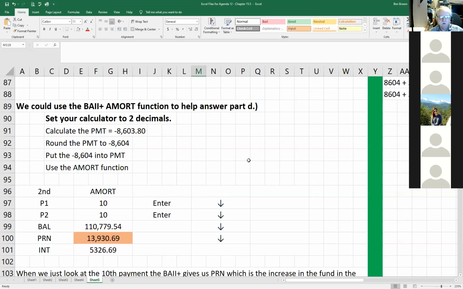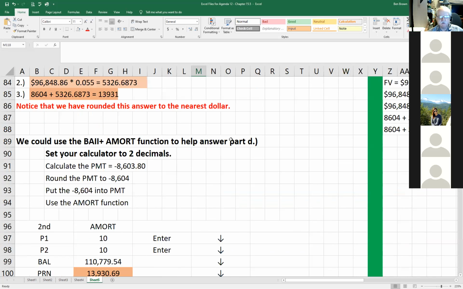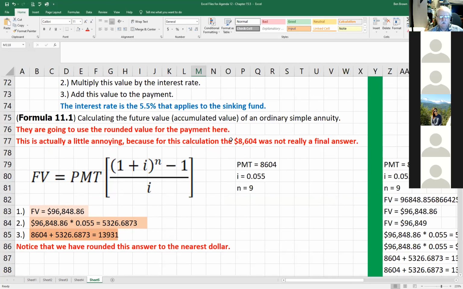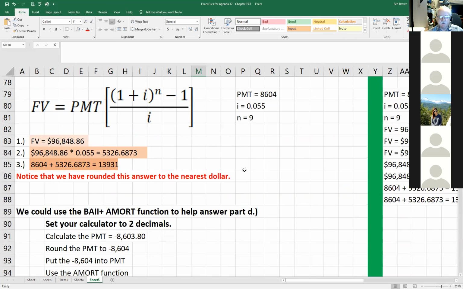Let's see. Here, I rounded the payment to 604. I put this into payment. I used the amort function, and we were only worried about the 10th period because they said the increase in the fund in the 10th year.